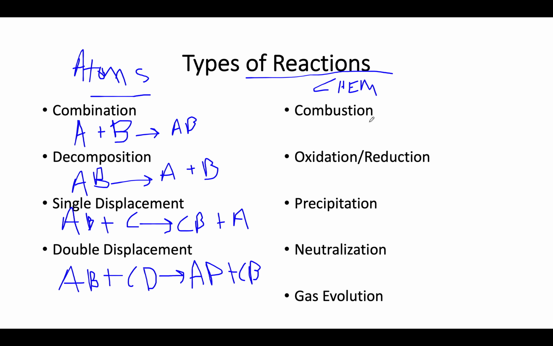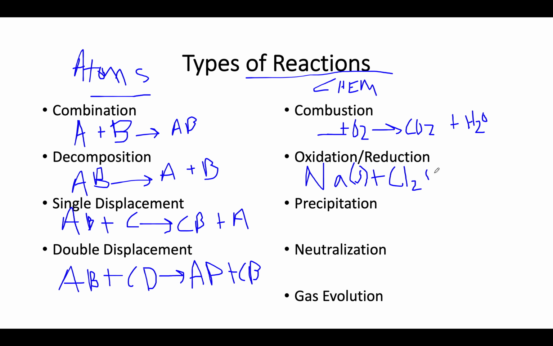The other is the chemistry. Combustion: in an engine, octane combines with oxygen, and that gets us CO2 and water. That's a combustion reaction. Oxidation reduction we'll spend some time talking about, but really in Chem 201 you have a whole chapter on oxidation reduction reactions. A nice classic example is elemental sodium, so there's no charge, and we react that with chlorine, also no charge.